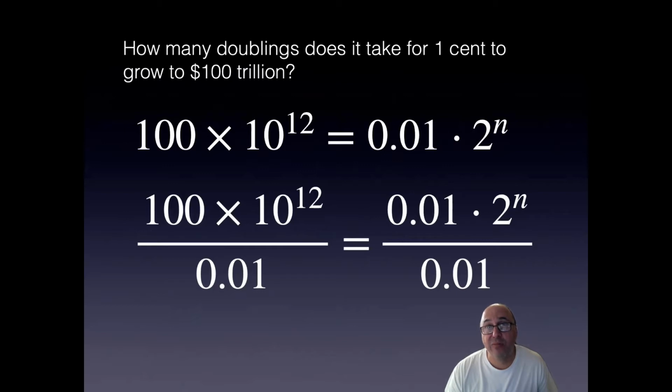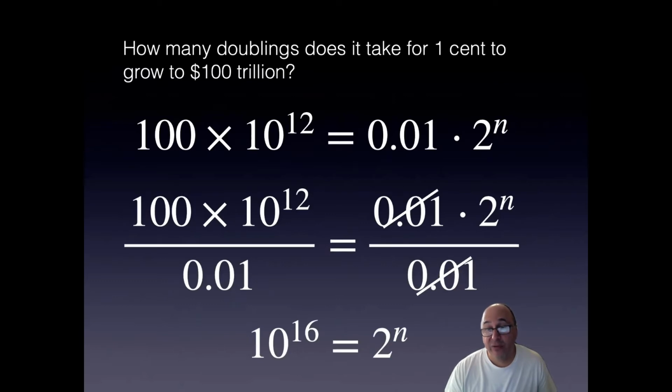One of the rules of algebra is you can always apply the same operation to both sides of the equation. In this case, the operation is divide by 0.01. We do that, the 0.01s on the right-hand side cancel, and so we have succeeded in isolating the 2 to the n on the right-hand side. Now the equation is 10 to the 16 equals 2 to the n.